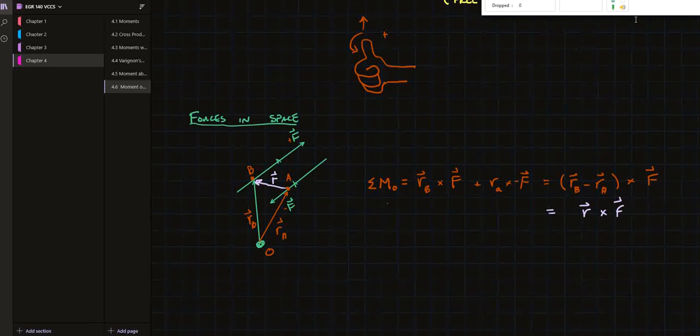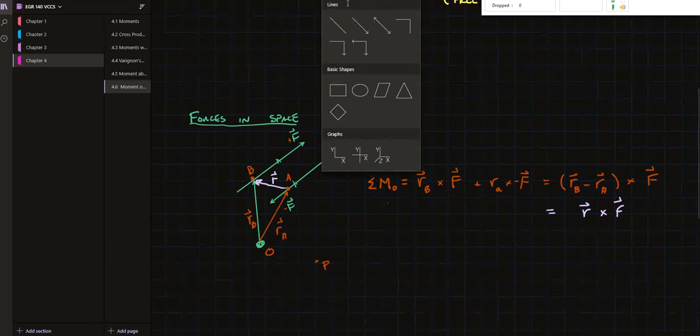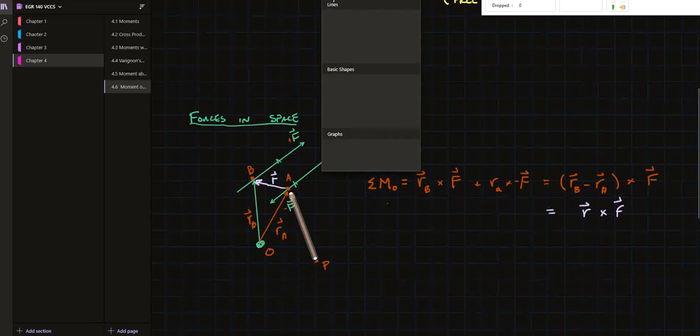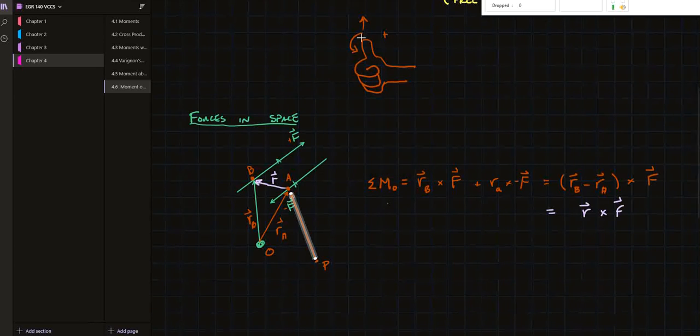Now notice I can start my position vectors anywhere. I could have a different position vector down here and call it P. This calculation is independent of the position that we are taking the moment about.